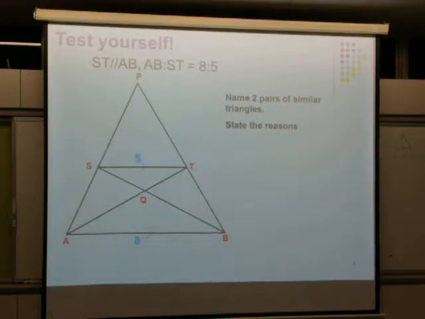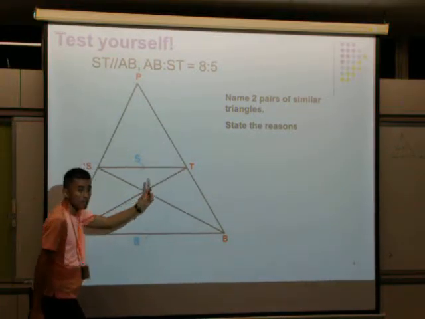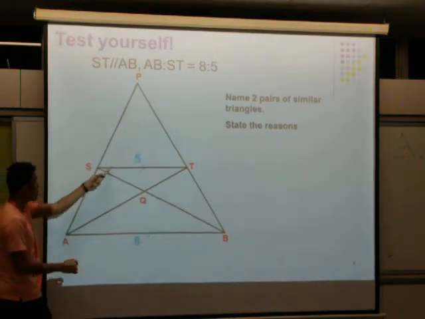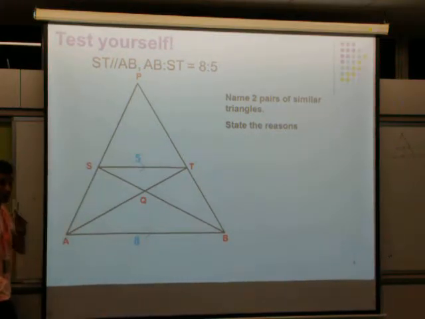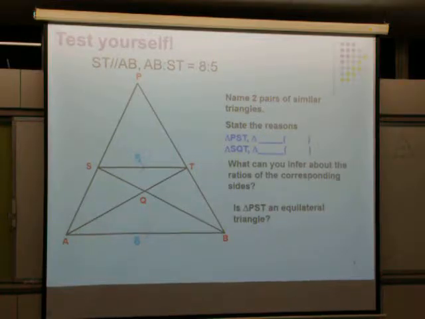No. Can someone name me another pair? Yes. QST versus QBA. Alright, because these are alternate angles. Okay, you can see? Alright? Reason must be AA. The one straightforward. Okay, so I don't have to say too much.